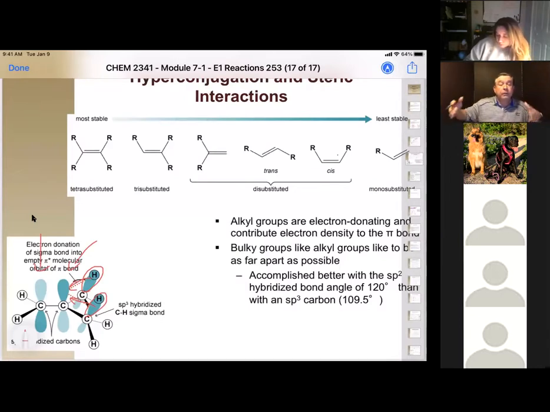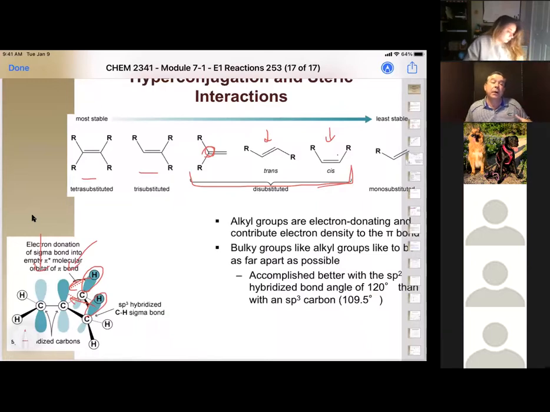So the more of those you have, the more stable it will be. Okay. So these are all within about 5 kcal per mole of each other. This has sterics, this has no sterics, and this is double hyperconjugated on a single carbon. But now we get 3 hyperconjugations and 4 hyperconjugations. So that hyperconjugation is what's helping stabilize those double bonds, making them more stable than the less substituted.